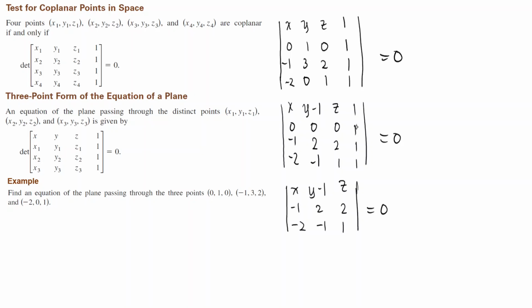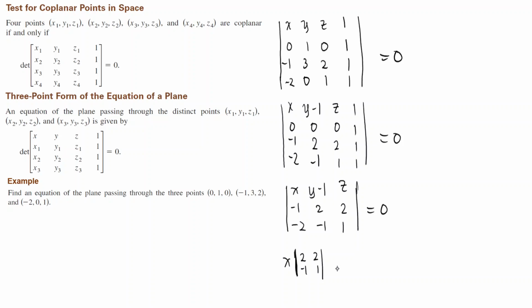So next, we will apply the cofactor expansion in this row so that we get x times, this is positive here, so we'll have a positive cofactor. We'll delete this row and this column, so that is 2, -1, 1.